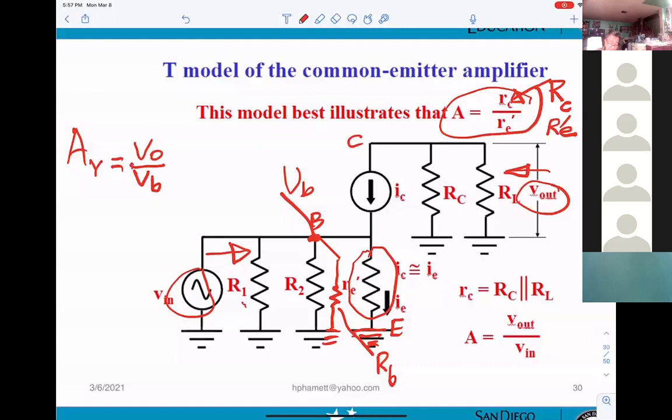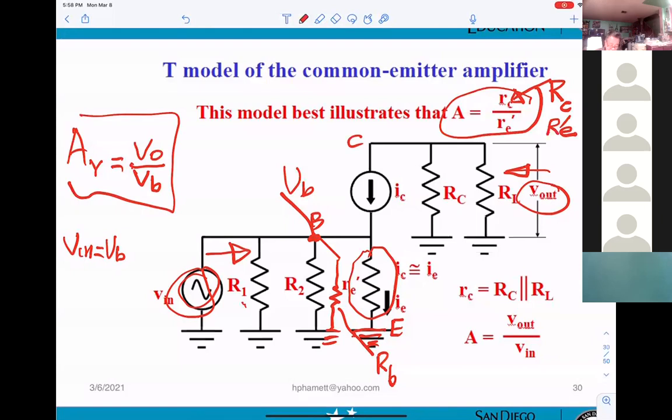However, in this case, you can see V in and VB will be the same. Right? V in here or VB here will be the same. But by basic definition, they must be V out divided by VB. How come?